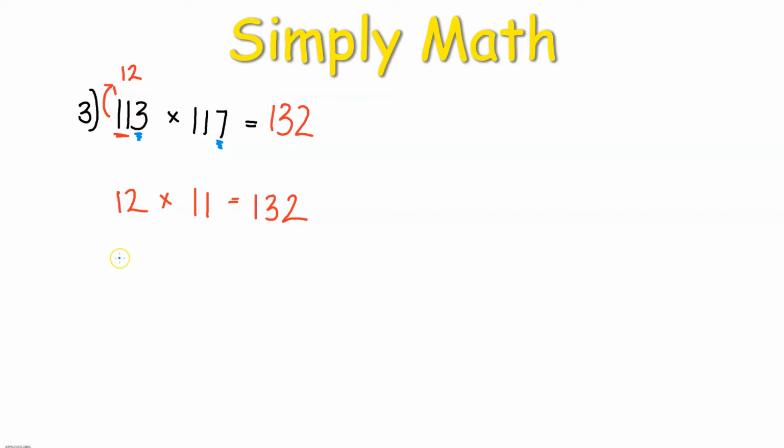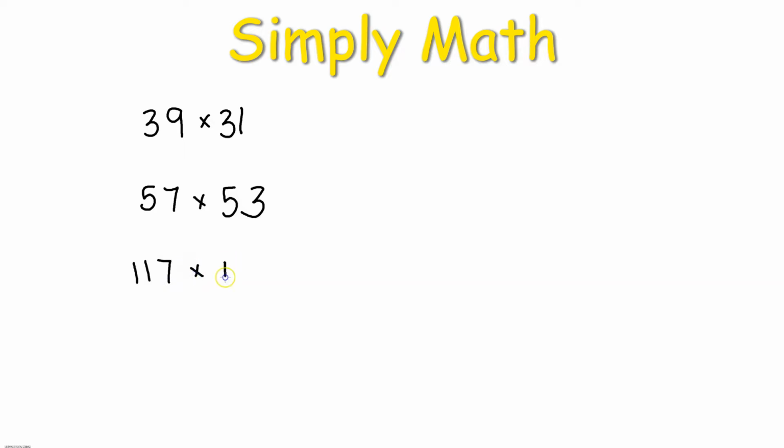So 3 times 7 equals 21. Then I'll take the answer to the second part and put it next to our first part. Now we have got our final answer, which is 13,221. And that's it.